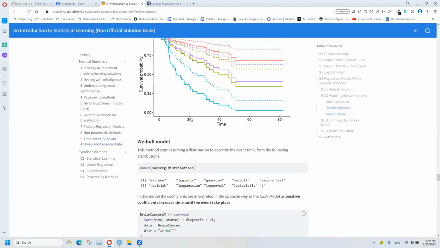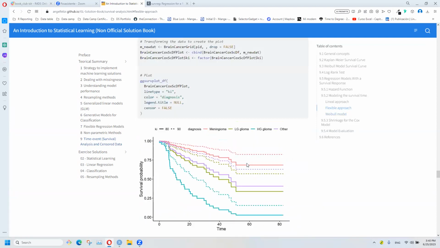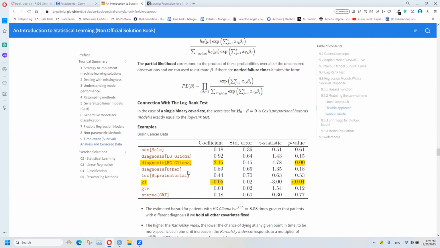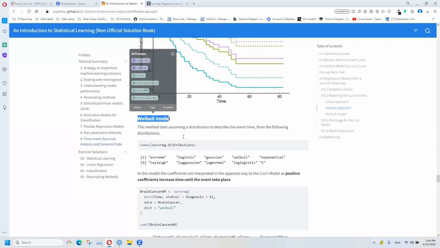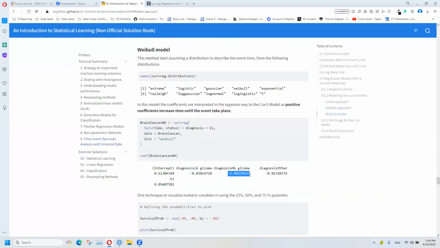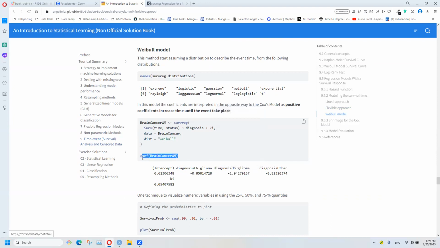It's like the Weibull function with the intercept, you need to interpret it in the opposite way. In the Cox model, a positive coefficient means you would die sooner; in this case, with this distribution, if you have a negative coefficient, you will die faster. That's the point. So the coefficients have a different sign, but we can see the same relationship.